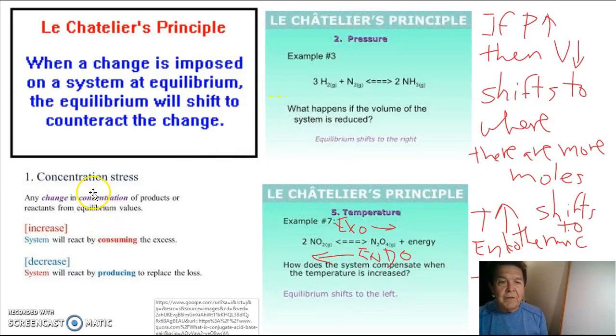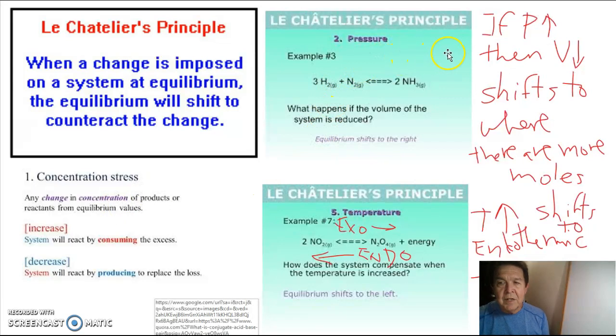If you increase the concentration of any of the substances, the reactants or the products, the equilibrium will shift in the opposite direction of the increased reactant or product. But if you decrease the concentration of a reactant or a product, it will go to reestablish this concentration and will go the way where the substance is decreased.